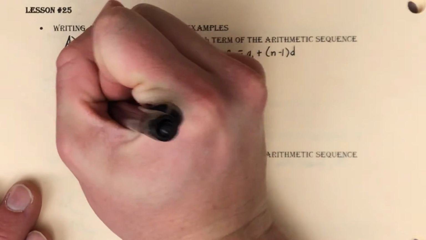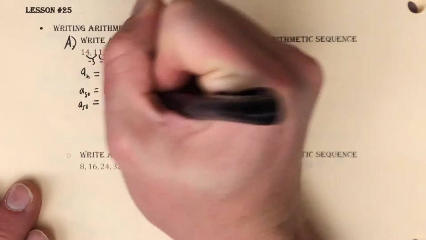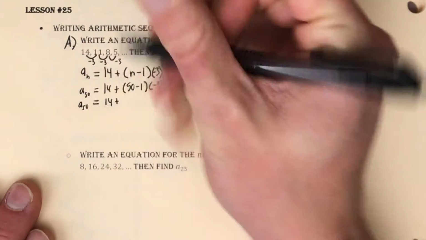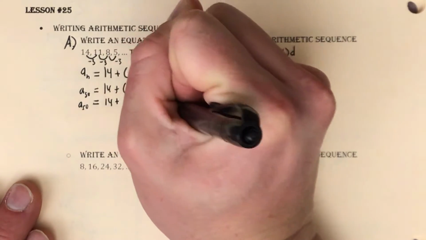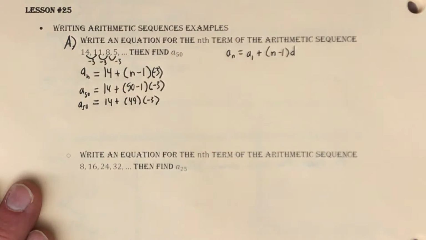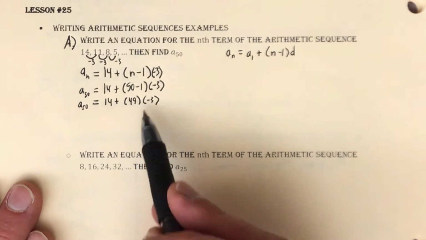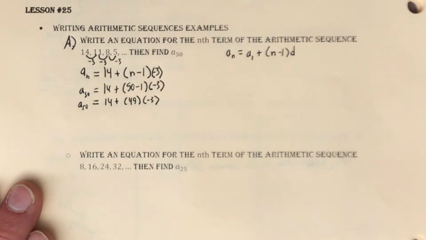So if I keep going down, I get A of 50 equals 14 plus 50 minus 1, which is 49, times -3. Well, then I need to follow, do I have any exponents? No. Do I have any multiplication or division? Yes, I do. I have a multiplication of 49 times -3.